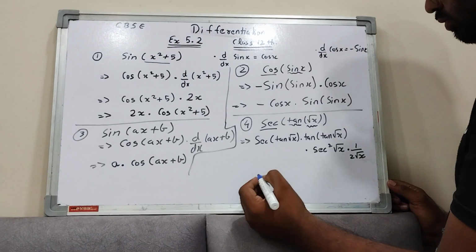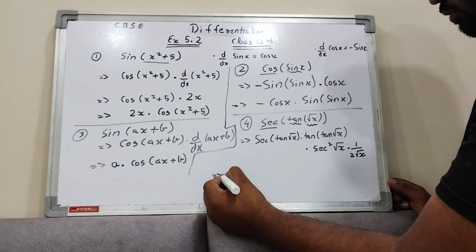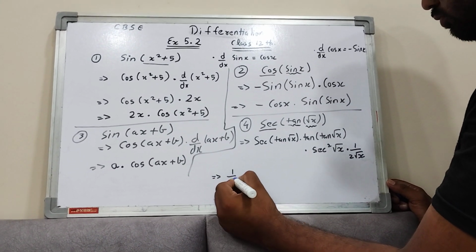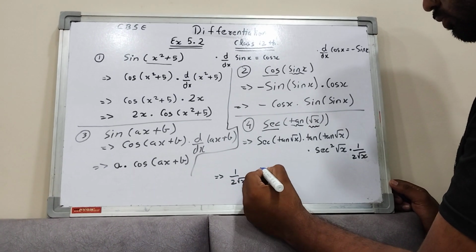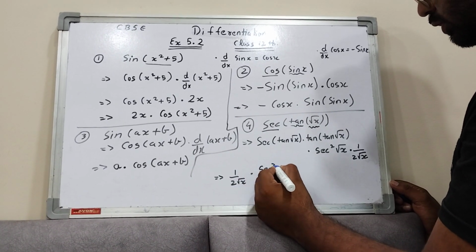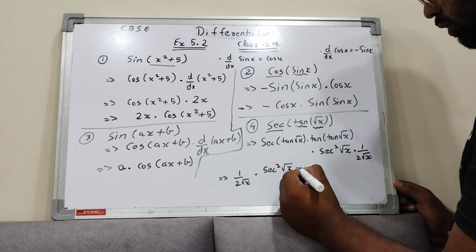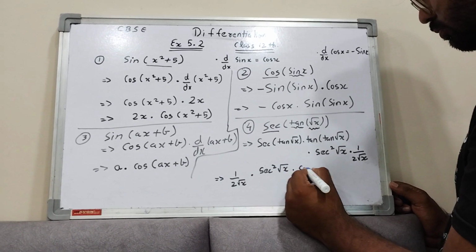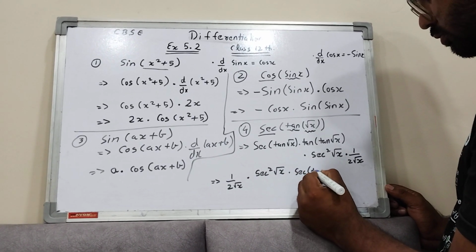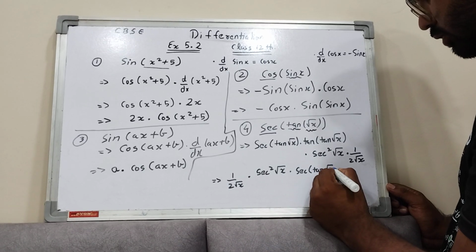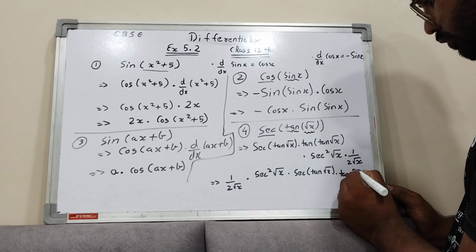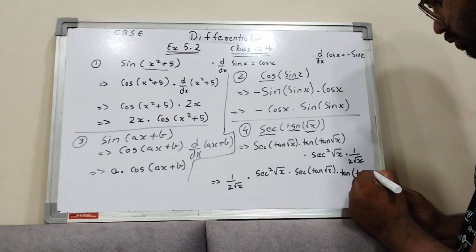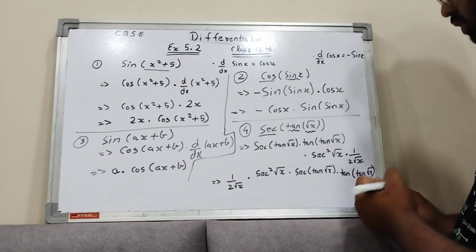So my answer would be 1 upon 2 root x into sec square root x into sec of tan root x into tan of tan root x.